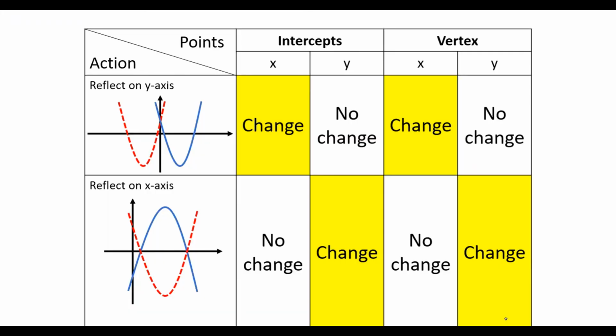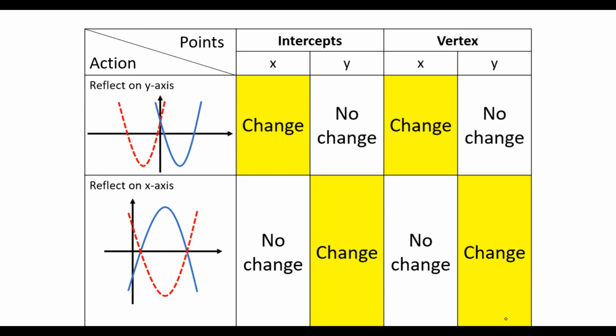Okay, a quick summary on what we did in the last two questions. If we reflect on the y-axis, the x-intercepts and the x-coordinate of the vertex will change. You need to multiply it by a negative. If we reflect on the x-axis, the y-coordinate of the vertex will change.